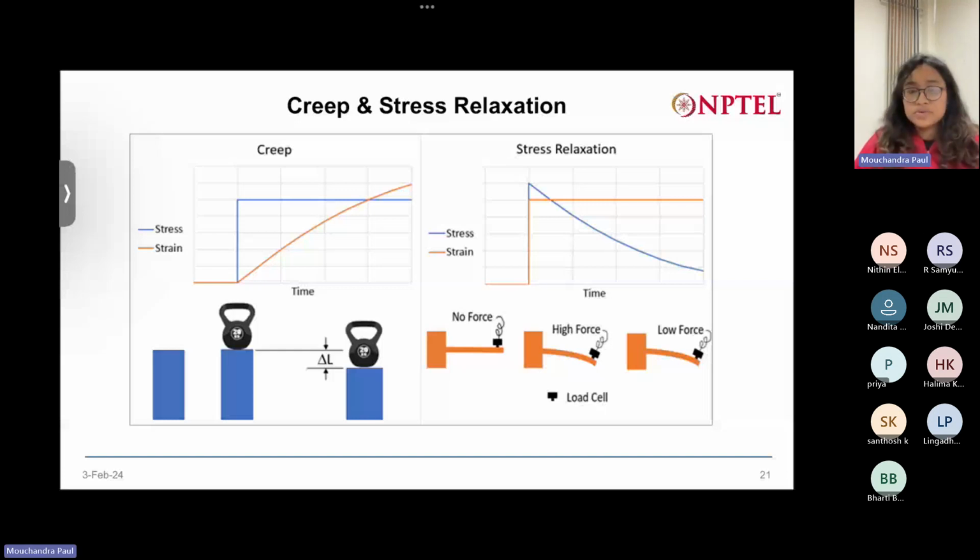Now I would like to introduce to you two key concepts for a class of material called viscoelastic materials. These are materials which behave like a spring as well as like a piston.